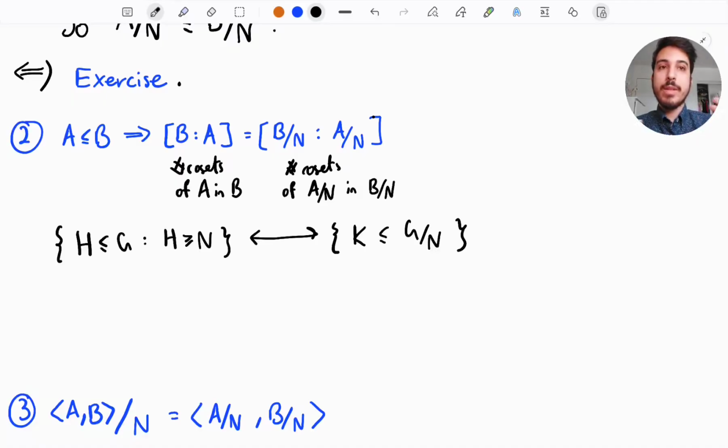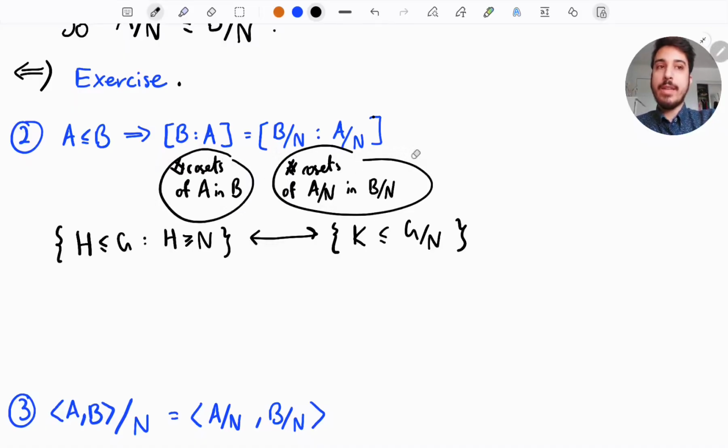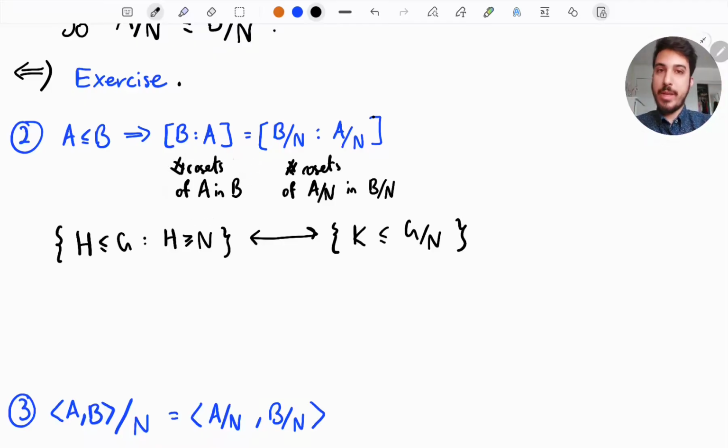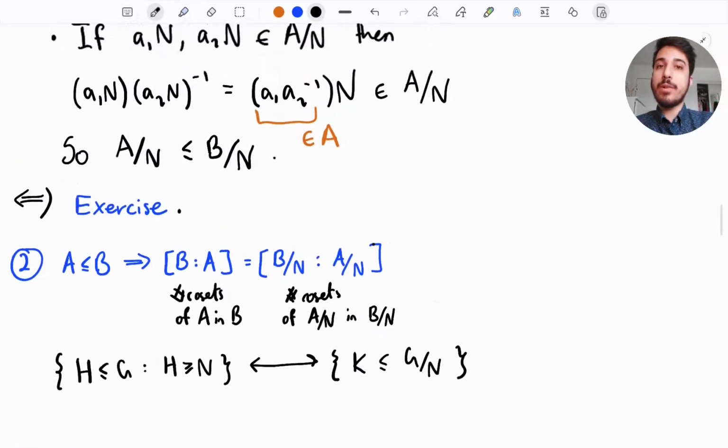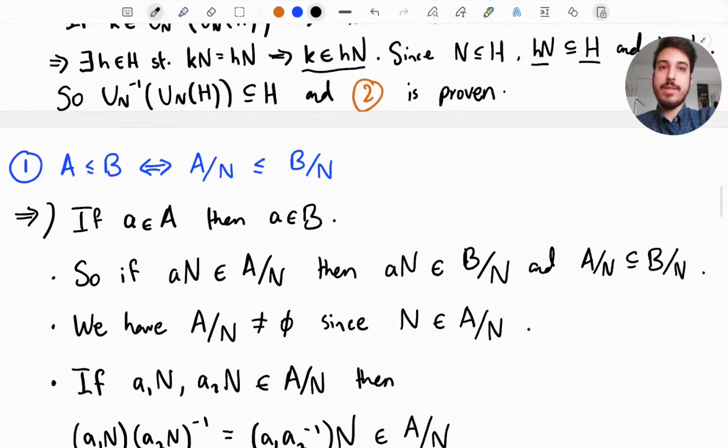But now we want to see that if we take a coset of A and B, we're going to get a coset of AN and BN. We're not going to get something that's not a coset of AN and BN. And the reason this is true is because of the first result that we have proven, saying that if A is a subgroup of B, then AN is a subgroup of BN.